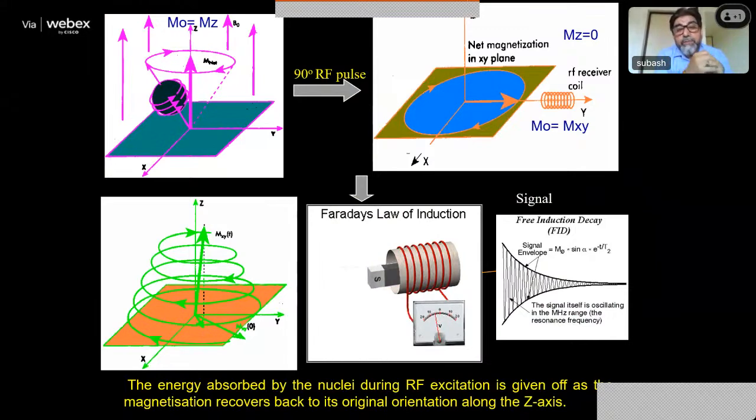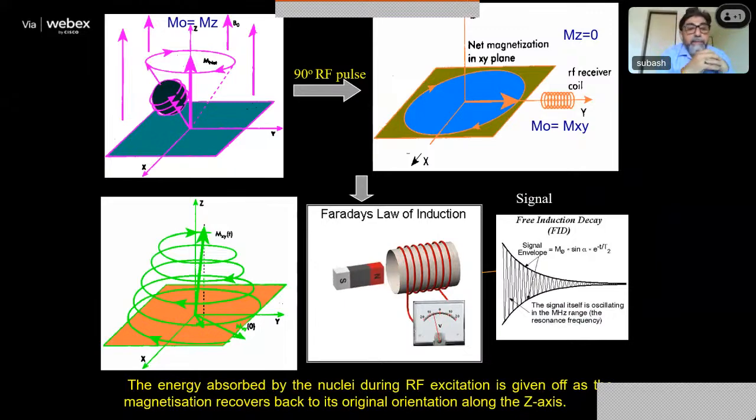This is caused by Faraday's law of electromagnetic induction: when there's a change in magnetic flux, a current is induced in the coil. The same principle is applied here. When this magnetization decays in the XY plane and recovers back, there's a change in flux which is sensed by this resonance circuit, and a current is induced, which is the free induction decay, the fundamental signal. Whether you are doing imaging or spectroscopy, that is the signal you get out of NMR.